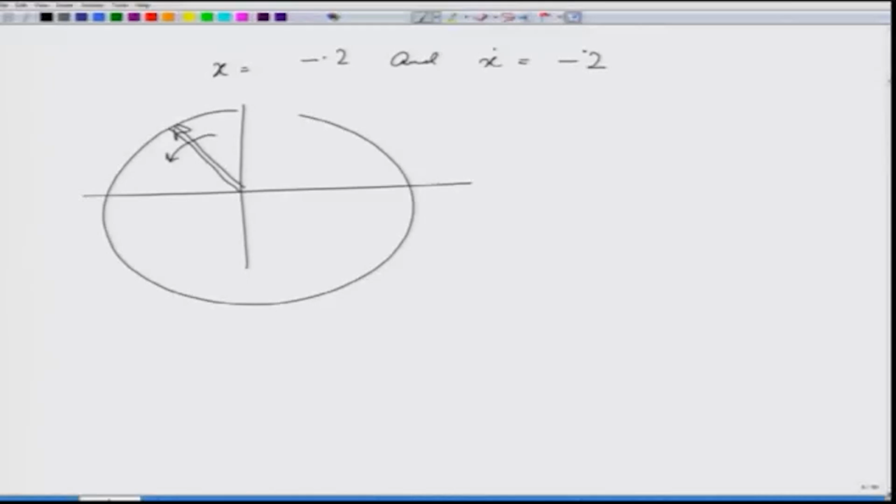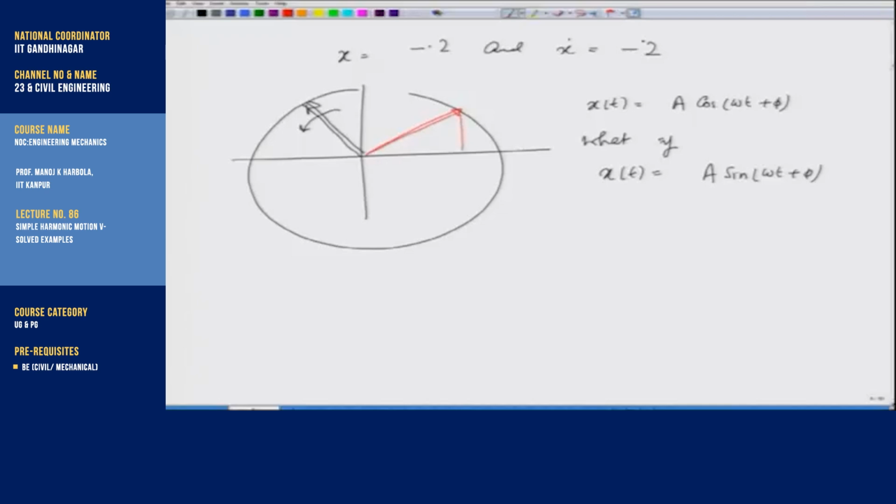All this has been done keeping in mind that x(t) is represented by A cosine of omega t plus phi. What if x(t) is to be written as A sine of omega t plus phi? In that case, recall that for the same phasor, its projection on the x axis gives me cosine and its projection on the y axis gives me sine.